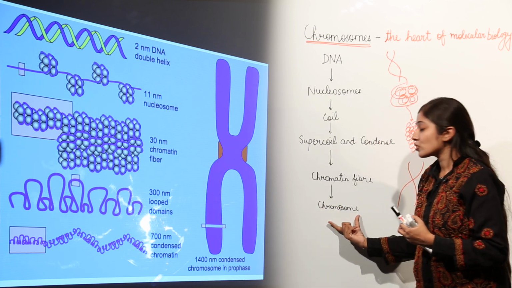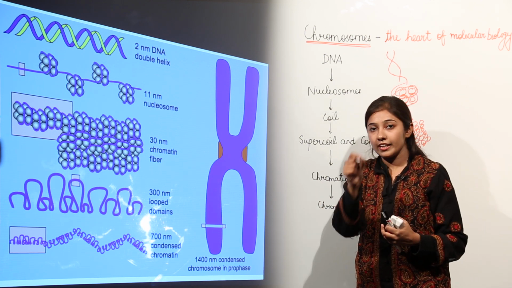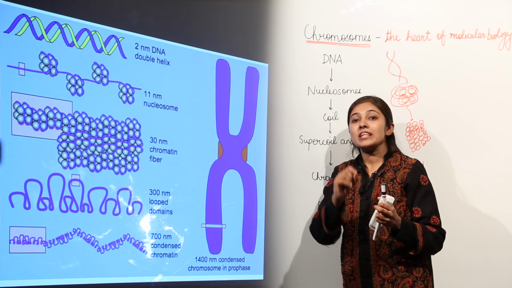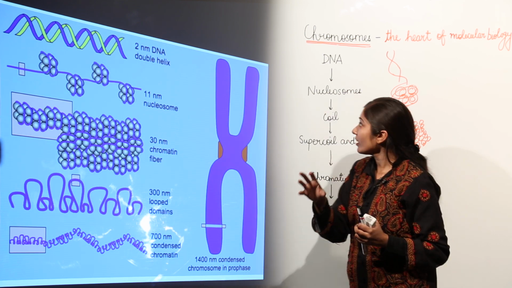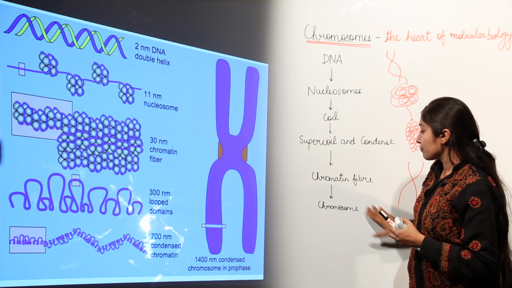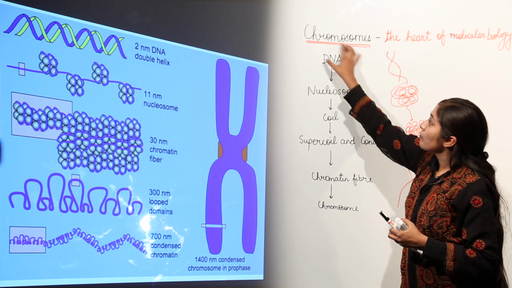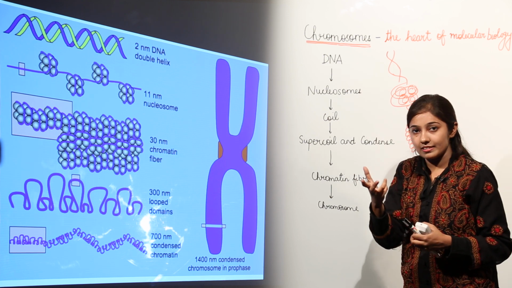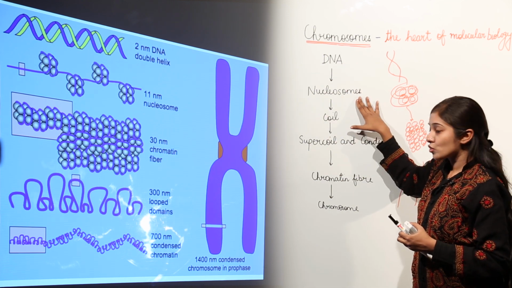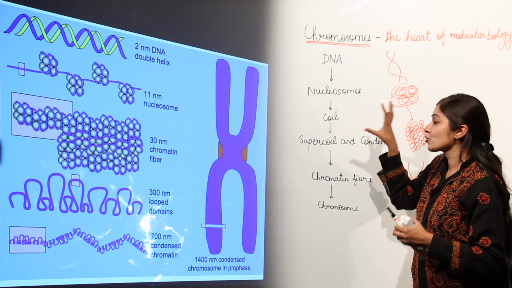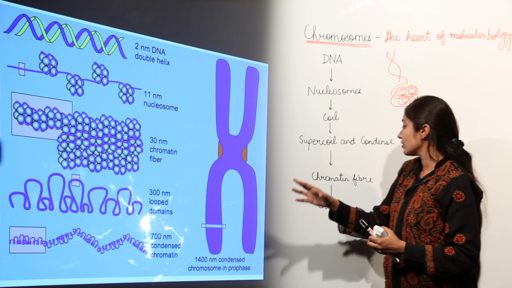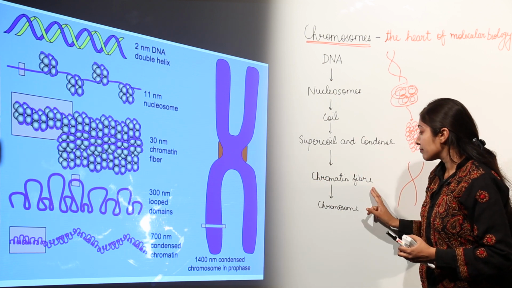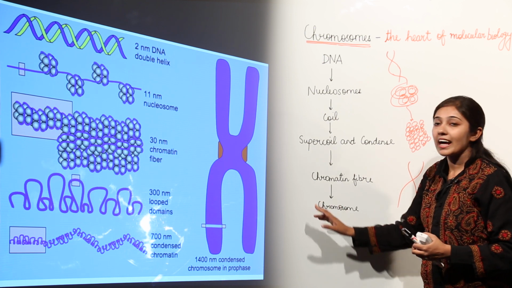Chromosome is composed of a single molecule of DNA which is associated with certain proteins, right? So chromosome is composed of a molecule of DNA which is associated with some proteins which form nucleosomes, and after its coiling, supercoiling and condensation, finally we have chromatin fibers which form the entire chromosome.